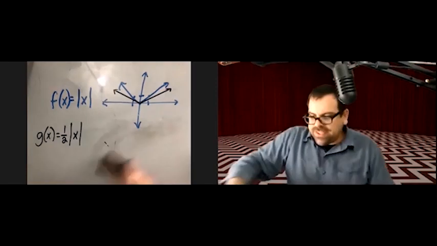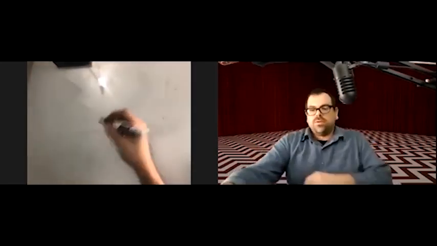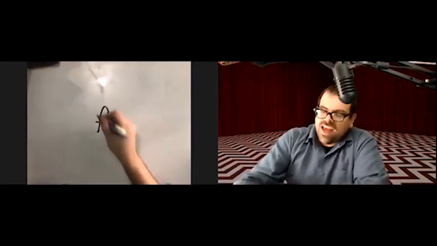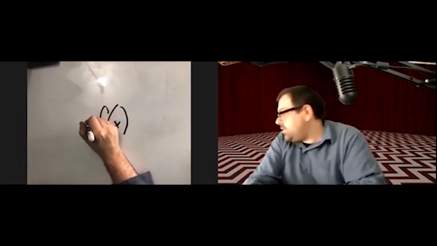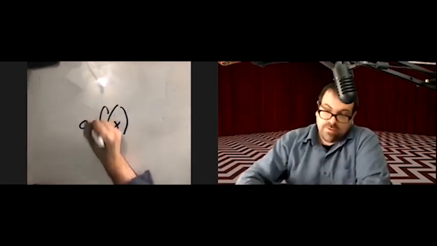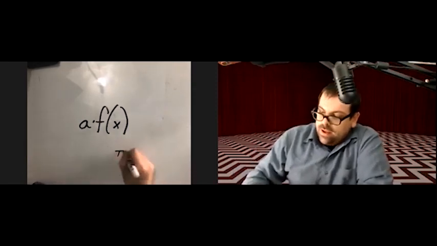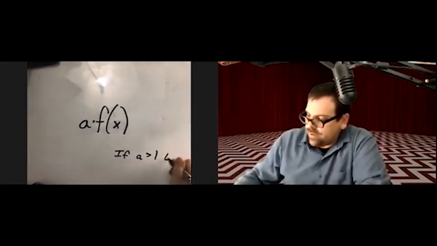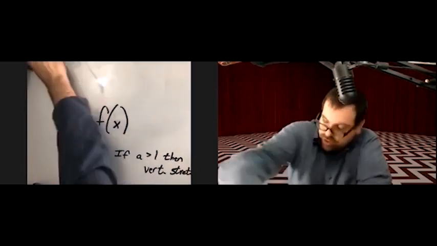So in general, if we take a parent function, that's a cursive f, I'm going to keep wanting to draw that, if we take a function and multiply the whole function by a constant, let's use a consistent letter, A: if A is greater than 1, like 2, 3, 4, whatever, then it's a vertical stretch.